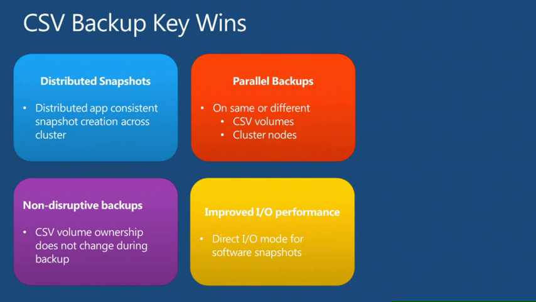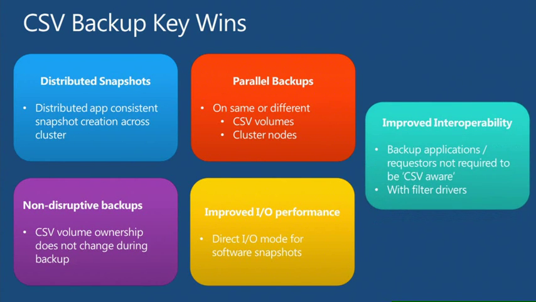As you can imagine, we are going to be in redirected I/O mode only for the duration when we are creating a snapshot. For the rest of the backup, we are going to be in direct I/O mode. So this will result in better performance.